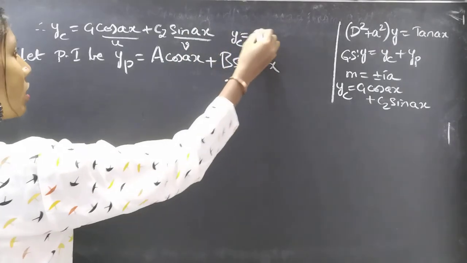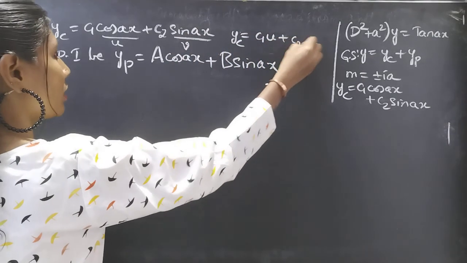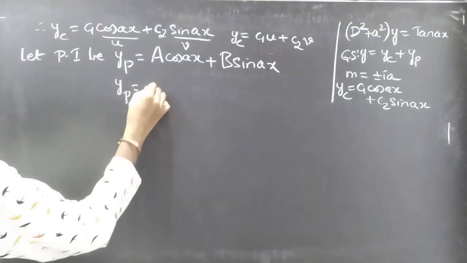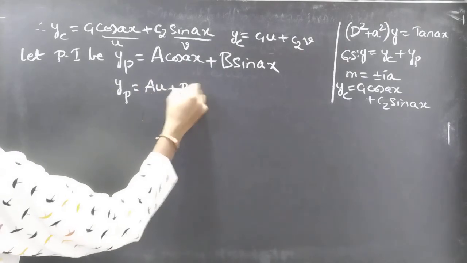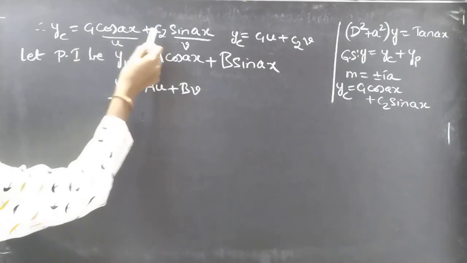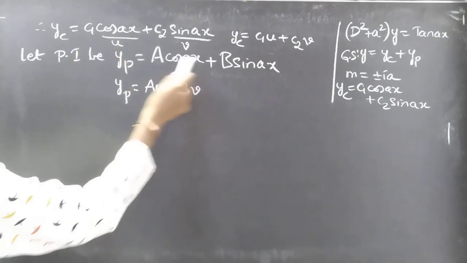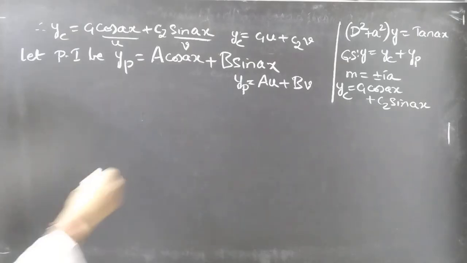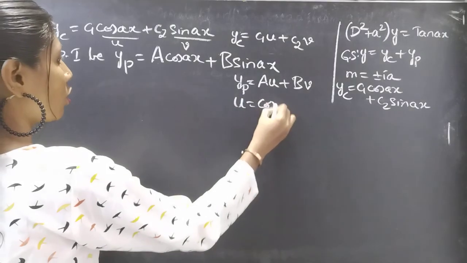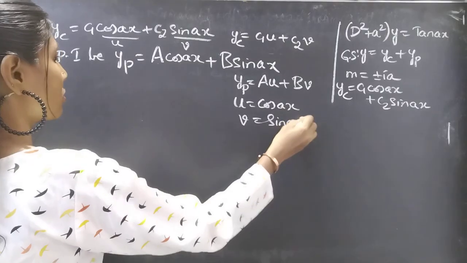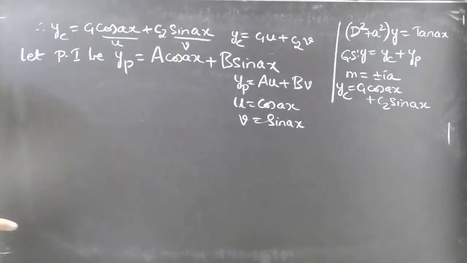Say yc = c1 u + c2 v. Then our yp will be Au + Bv. Okay, so we'll just replace these arbitrary constants c1, c2 with A and B, which are functions of x. Again we'll find them, where u = cos ax and v = sin ax. Okay, fine.